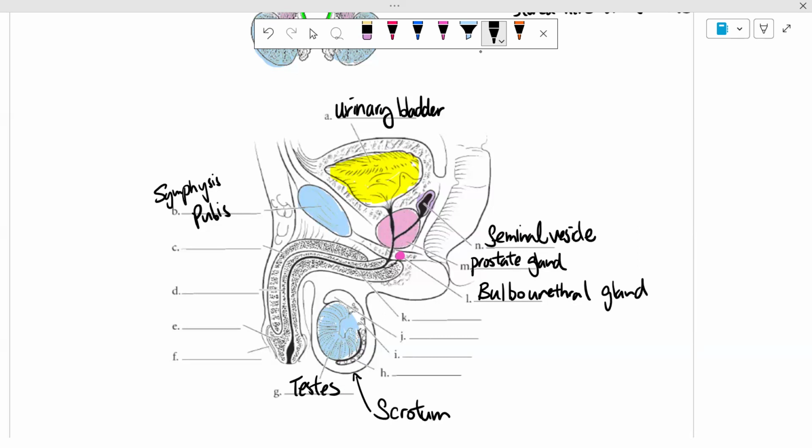Right? So the scrotum is important to help control the temperature of the testes. If it's too hot or too cold, it's gonna affect the sperm production. So if it's hot, the scrotum pulls the testicles away from the body. When it's cold, it pulls it closer to the body.